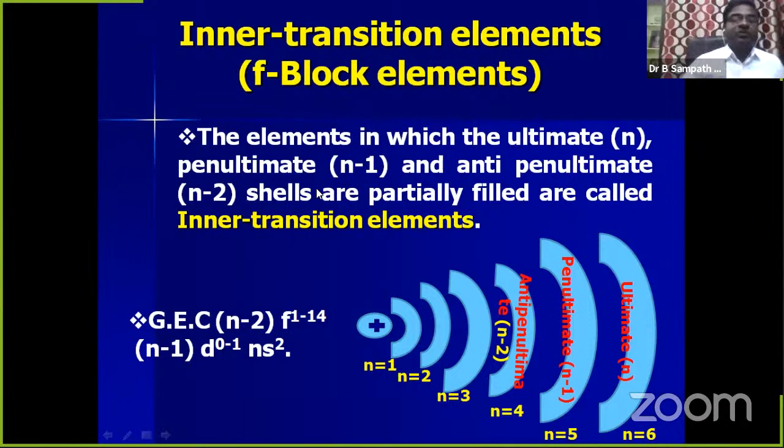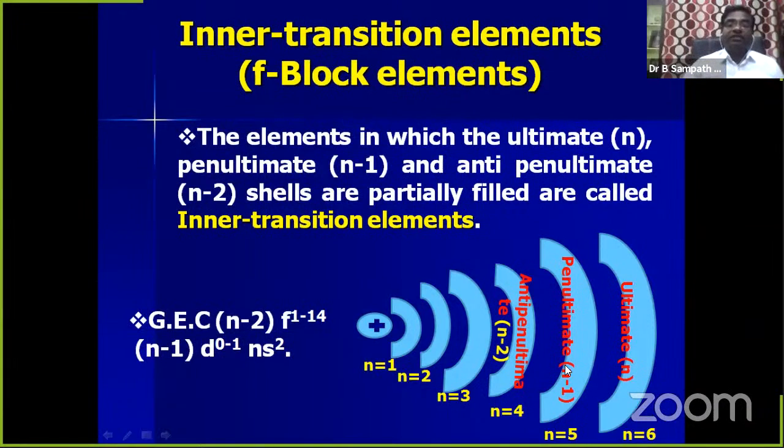So here, children, the general electronic configuration of the inner transition elements is (n minus 2) f 1 to 14, (n minus 1) d 0 to 1, ns2. Why do we give n minus 2 for the f orbital? Actually, in the sixth period f orbitals are introduced.